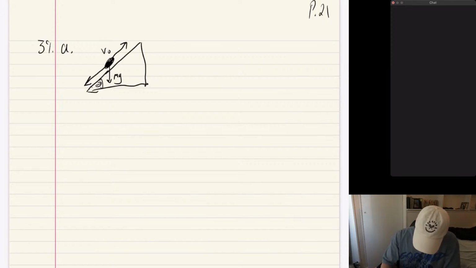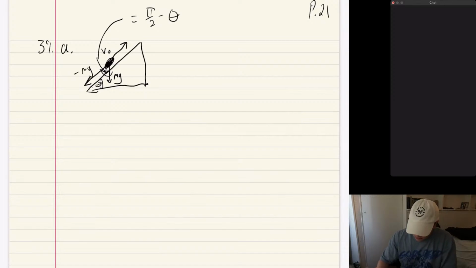So this angle here, called phi. I don't need it. This would be negative mg. Do you use negatives, positives for this?